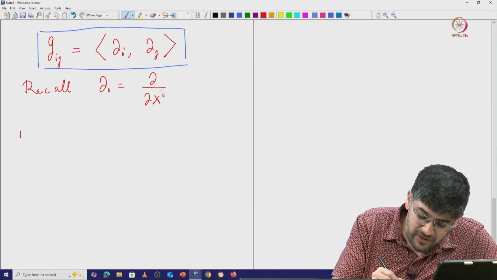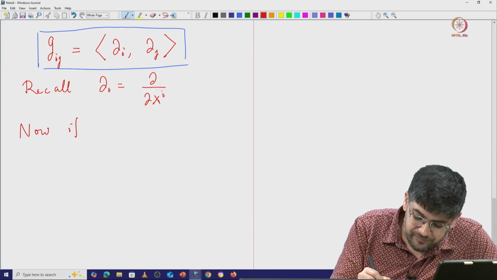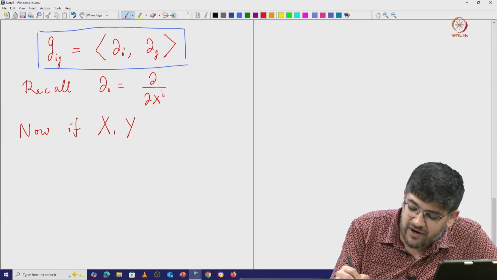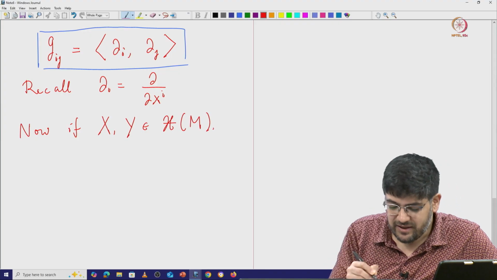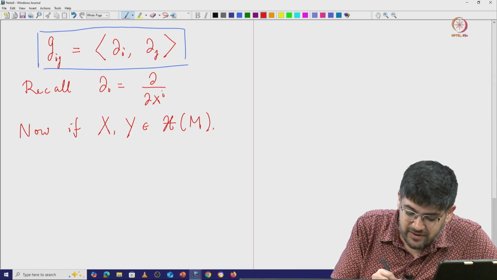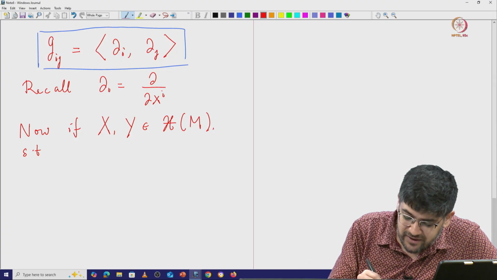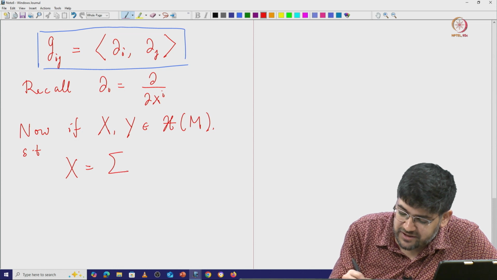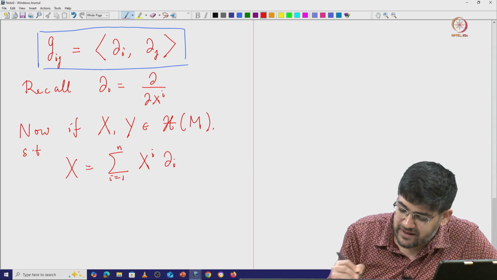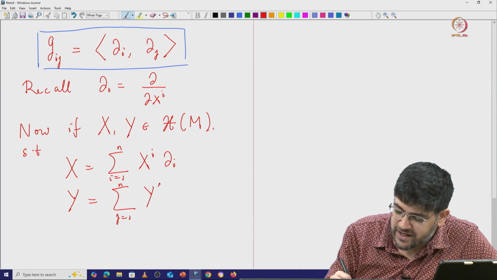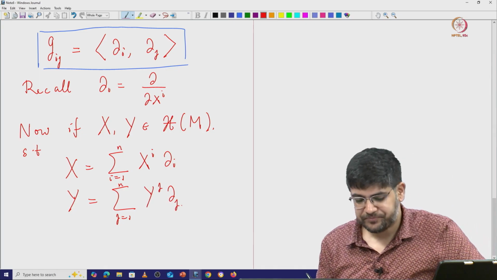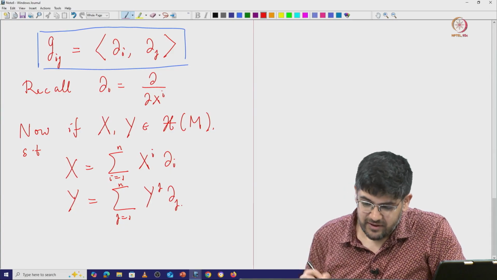Okay, so now if X and Y are two vector fields, such that locally I can write X as the summation i going from 1 to n of x^i del_i, and I can write Y as the summation, say j going from 1 to n, of y^j del_j.